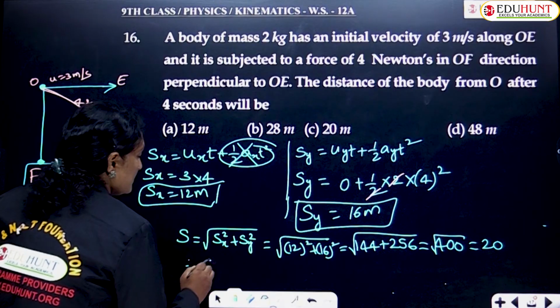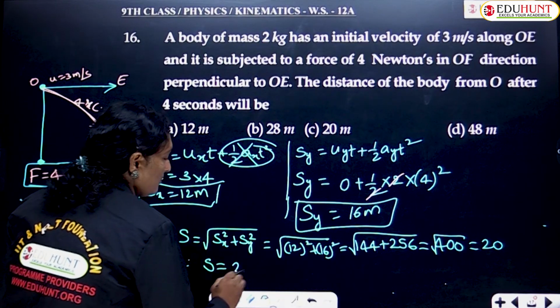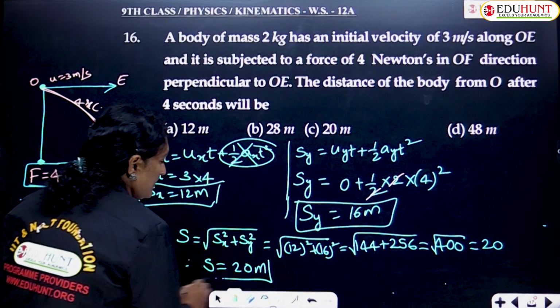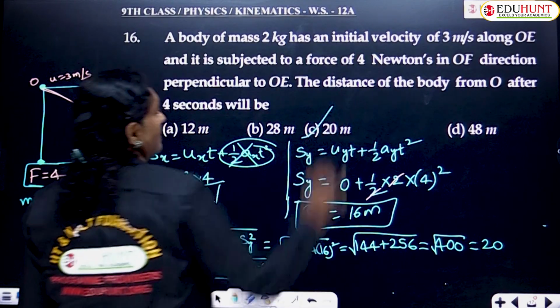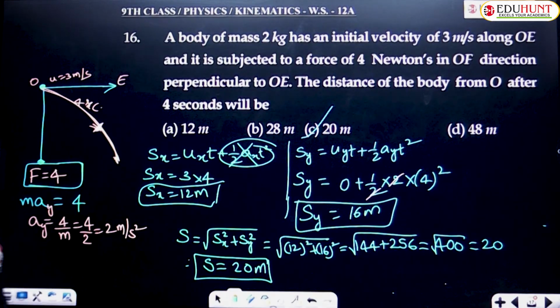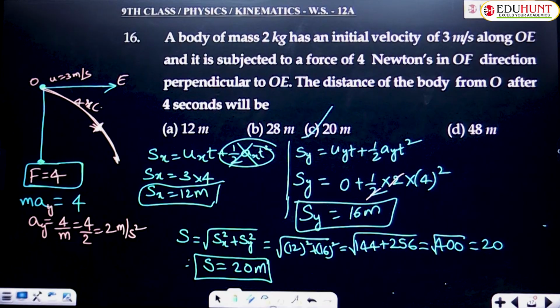Therefore, the total distance moved by the body is 20 meters, and hence option C must be your correct answer. Is that clear, children? So what is the net distance covered by the body? It is 20 meters. Well, moving to the next question.